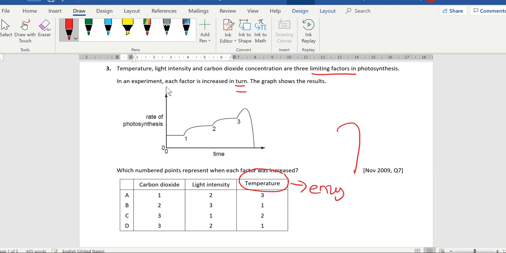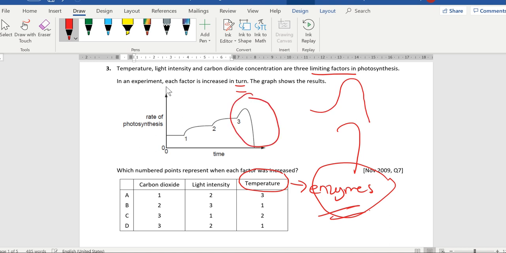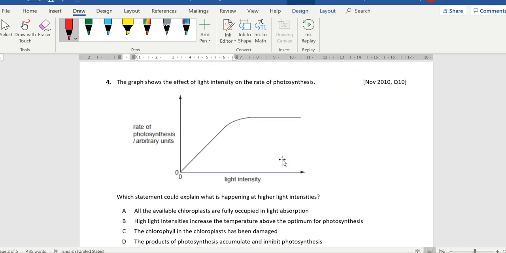This affects enzymes. It doesn't really affect other things much more. So we know that the enzyme graph will look like that and it goes down. So number 3 is the one that looks like the temperature one that affects enzymes. So the only answer here we can see is this. So the answer is definitely A. So make sure to look at the clues when you're answering a past paper question.